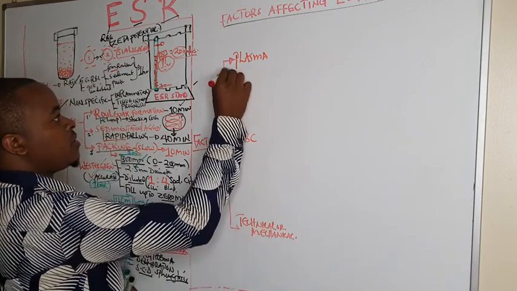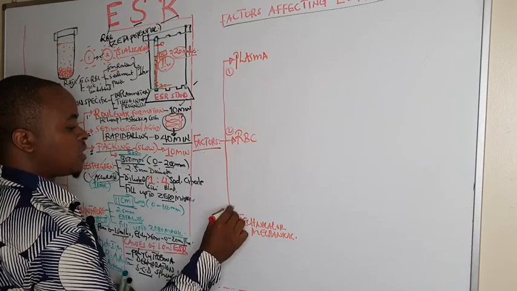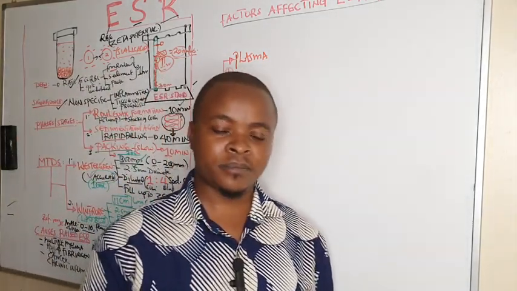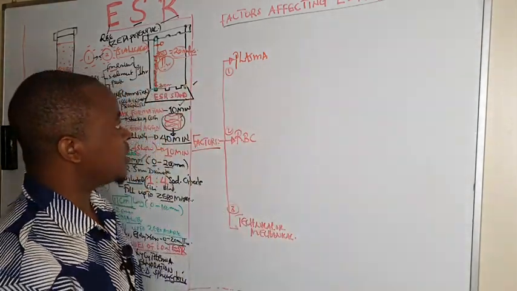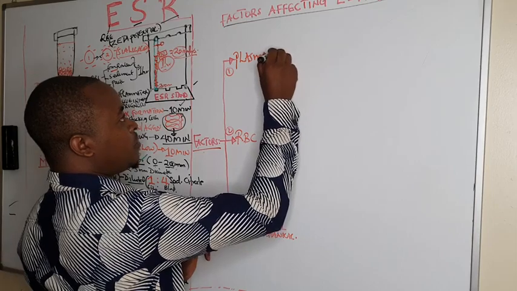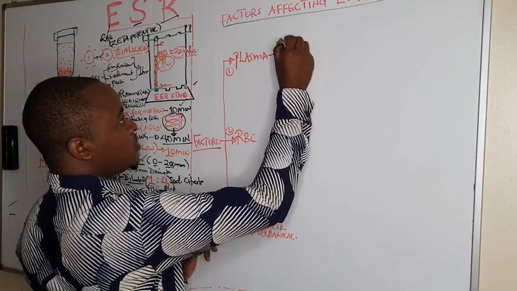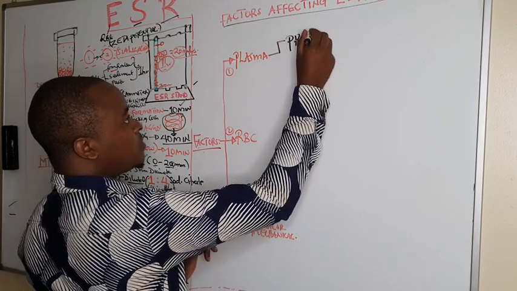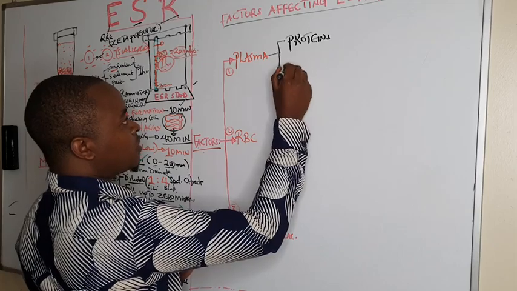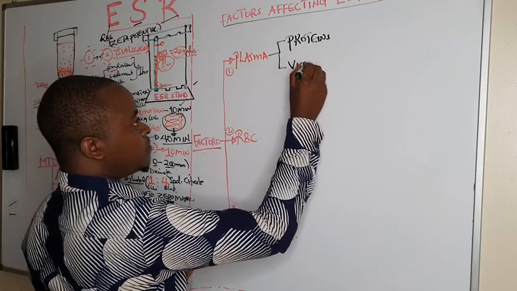So these are the 3 categories we are going to discuss, but as we have said, in the exam you don't need to categorize them. And under plasma factors, we are going to see factors like plasma proteins, then plasma viscosity.